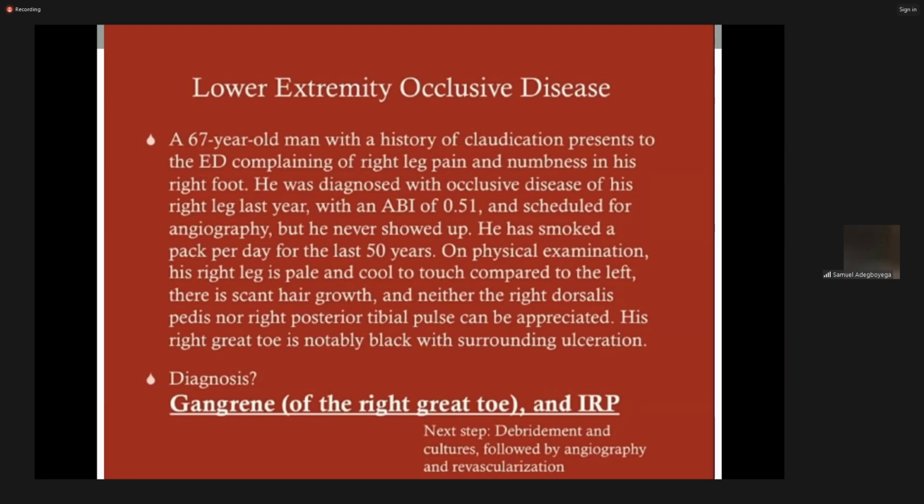So you tell them to walk around or do exercise, then you go back and do your ABI, and that will give you your physiologic ABI, which is a real ABI. If it's more than 20% reduction, that is pathognomonic for a PAD. Does that make sense? Yes, that makes sense.